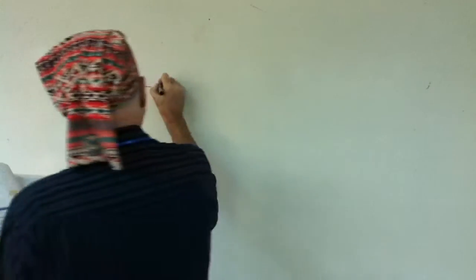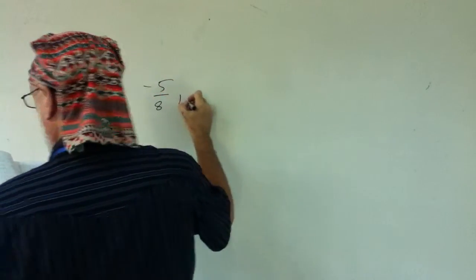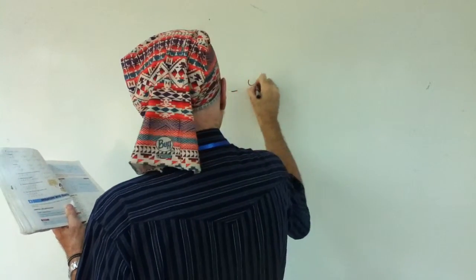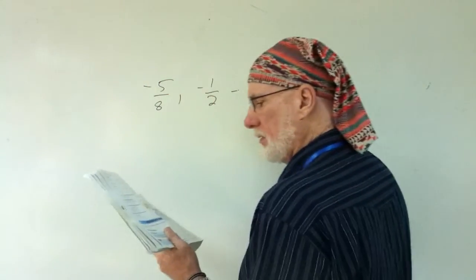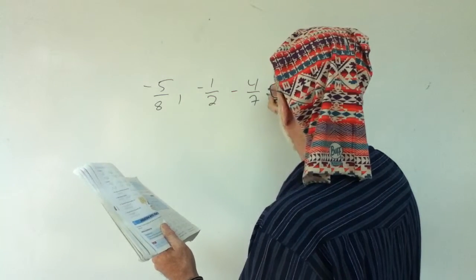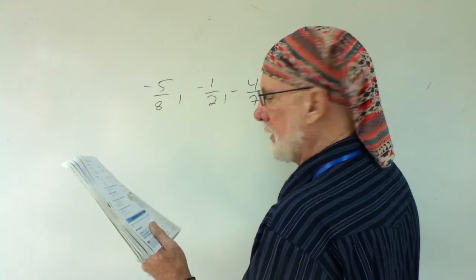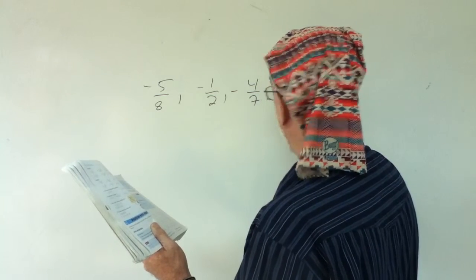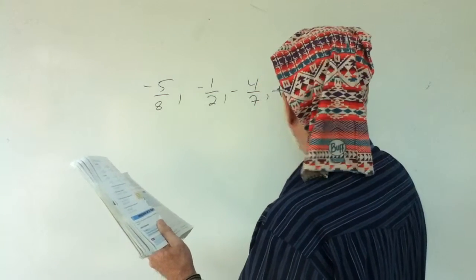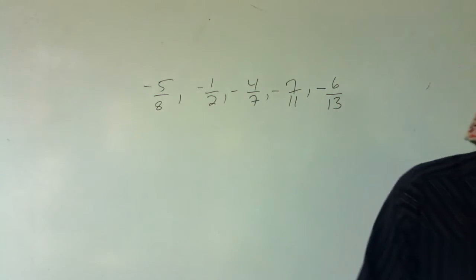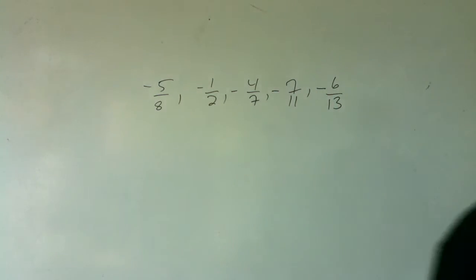Negative 5/8, negative 1/2, negative 4/7. You can't use a calculator. Negative 7/11 and negative 6/13. Place those in descending order.